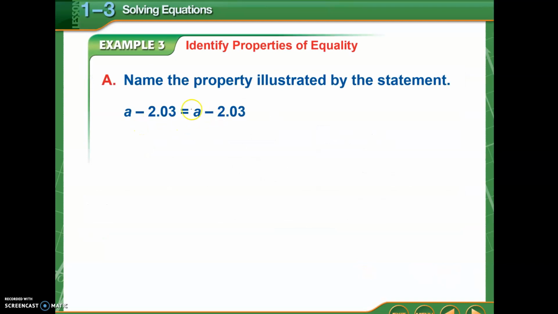So just looking at some of these properties. This one has exactly the same thing on both sides, so remember, that's your reflexive property. Here we're flipping it: first we said 9 is equal to x, and then the next time we said x is equal to 9, so that's symmetric.